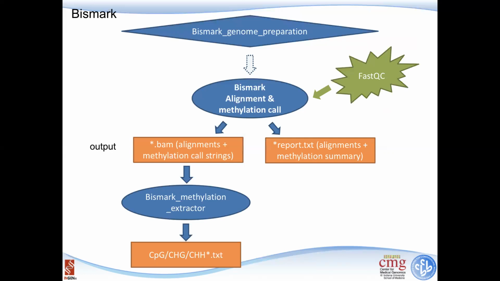And also they have another text file as an output, including the alignment and the methylation summary. I will show you in the next slides. And with this one, then you can use the Bismark methylation extractor, then get all the CpG sites or all CHG sites, all CHH sites for their methylation level.